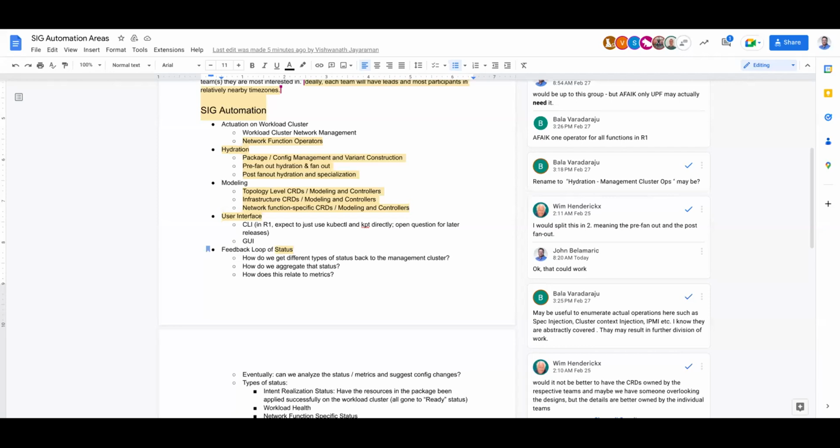Similar to that, if you can enumerate what exactly happens on the management cluster, which is a topology controller, a watcher, and an IPMI injector. I think at least those are the three that I know. If we can enumerate that, according to me, that piece is the biggest chunk of actual work, what is called hydration in the document right now. Then do a concurrent divide, that may be helpful, is what I'm thinking.